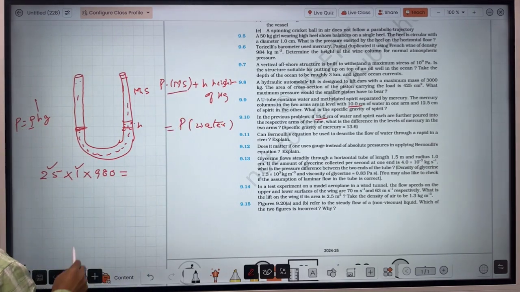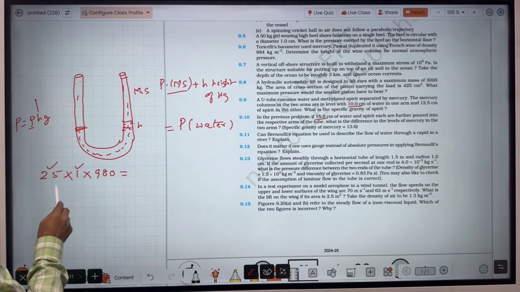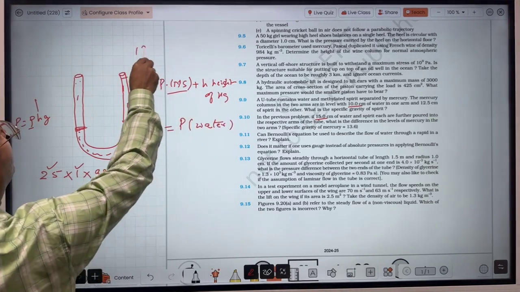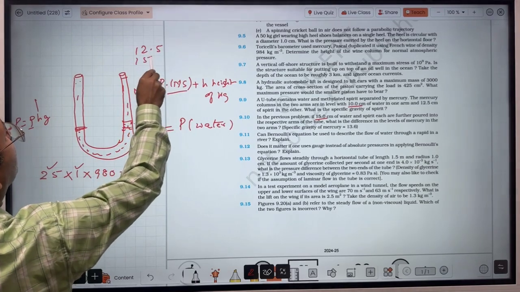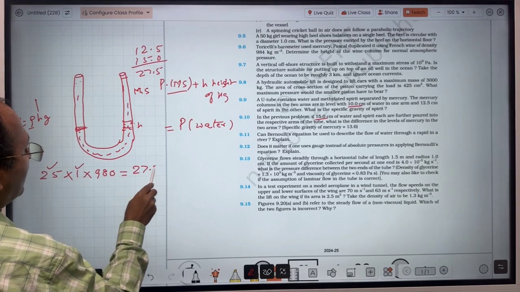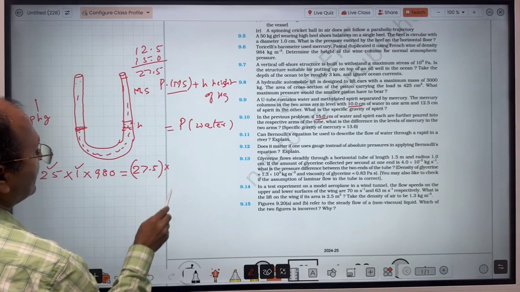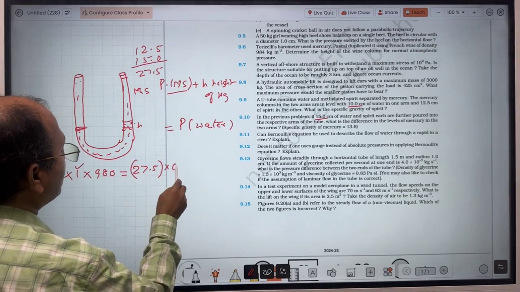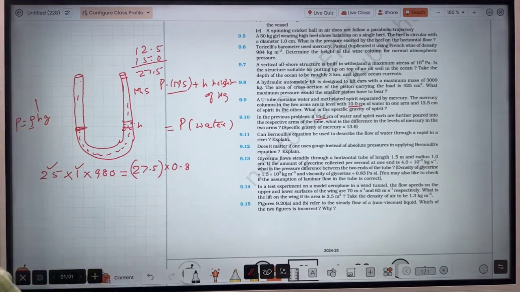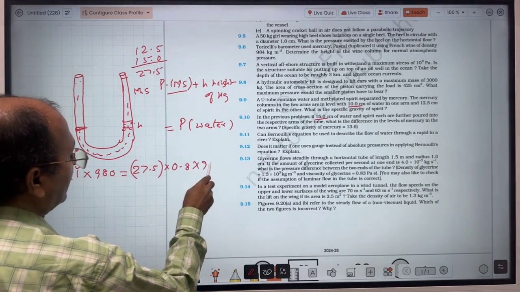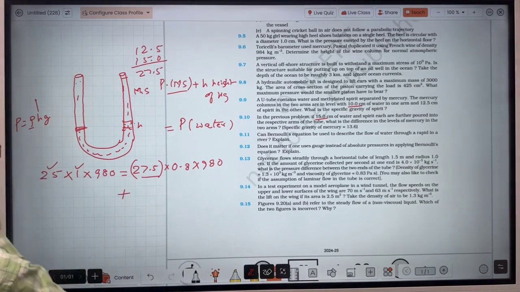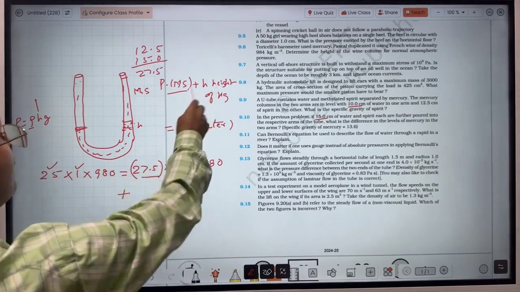We have found the specific gravity of methylated spirit, and the height of methylated spirit this time is 27.5, earlier it was 12.5 and 15 further. So 27.5 into its specific gravity, which we found in the previous question as 0.8, into g, which is 980, plus the pressure due to mercury.